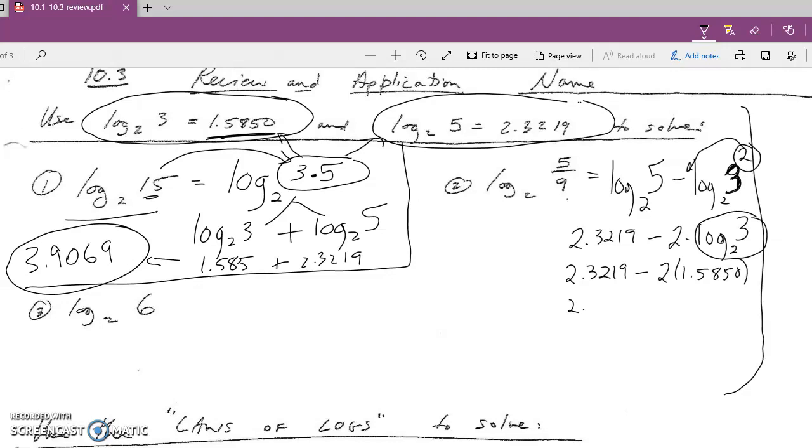So, real quick, 2.3219 minus 2 times 1.585, 2 times 1.585 is 3.17, and then I subtract those. 2.3219 minus 3.17 gives me negative 0.8481. And we're done. We'll finish this on the last video.